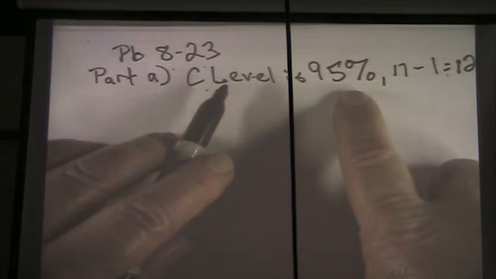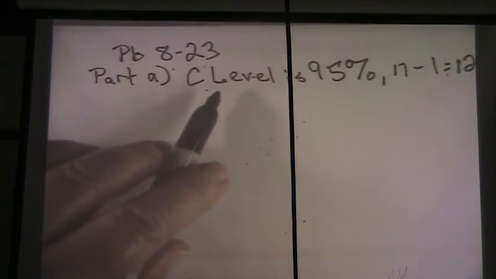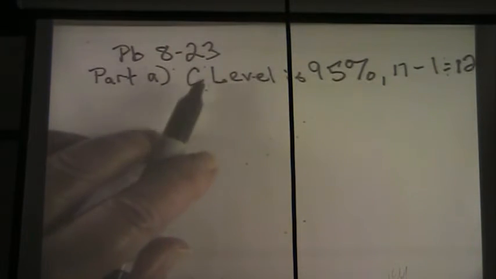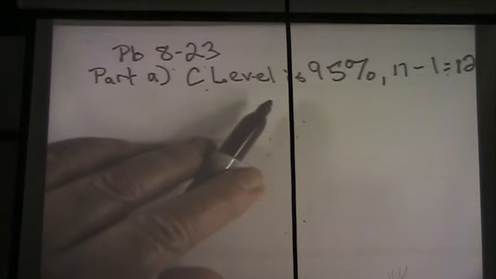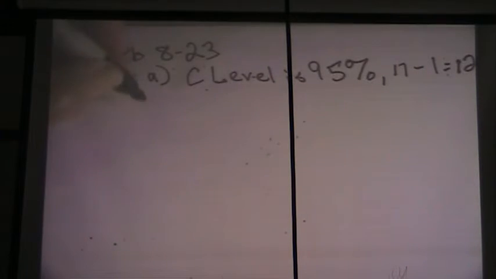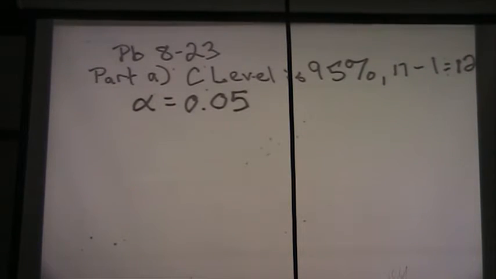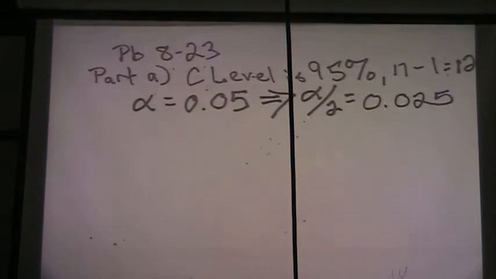Skipping a bunch of calculation, we know that for a confidence level of 95%, that means that alpha is going to be equal to 0.05. That implies that alpha divided by 2 is equal to 0.025.